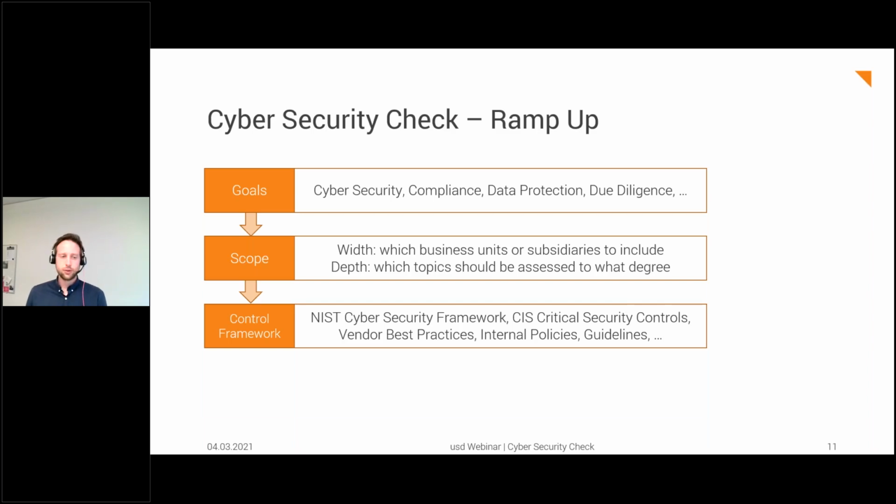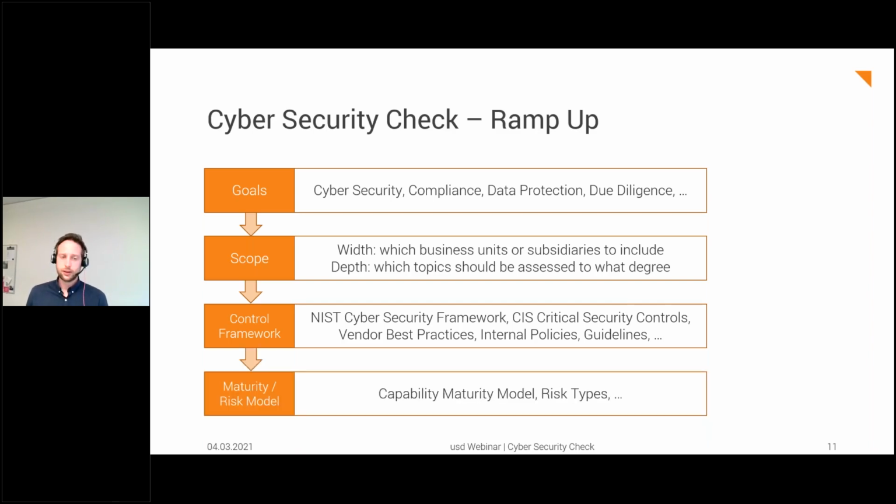Then we need to find out how we can measure that control framework we selected, and what kind of risk types we want to address. So these are the four steps I think we need to do during any ramp up period for the cybersecurity check. We really need to understand what the goals are, and then we go from there.